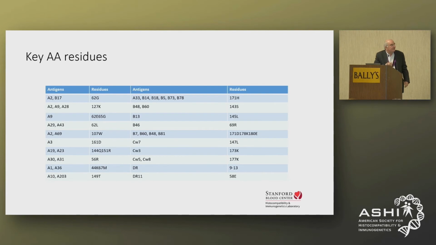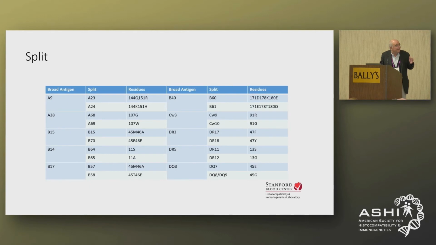For example, here you can see some key residues, 62G, that is a well-recognized A2, B17 epitope. You see A2, A9, A28, residue 127, and so on. We followed some of these residues to put them into the identification of antigens. And even if sometimes we didn't have monoclonal antibodies, we knew that the typical A*23:01 and A*24:02, which are clearly distinguished by serology, differ by a couple of amino acid residues.